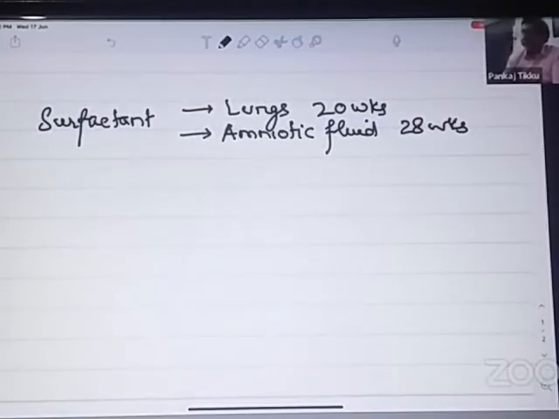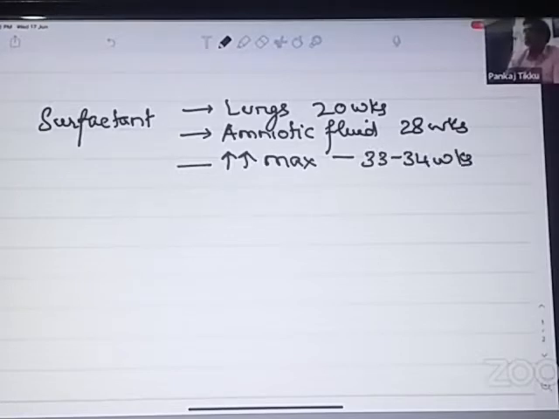Finally, the surfactant starts increasing in quantity, and maximum surfactant production is known to occur at around 33 to 34 weeks of intrauterine life.